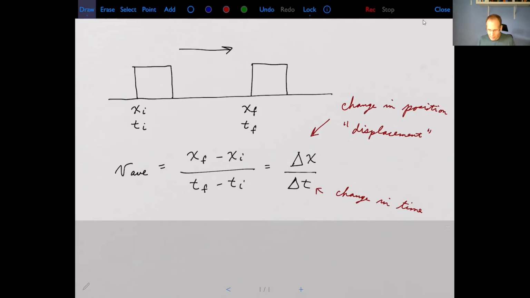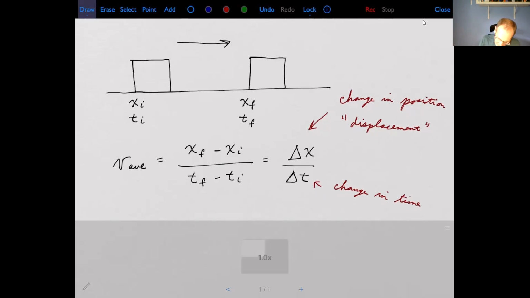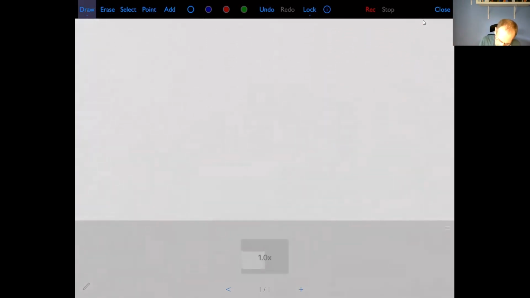All right, now a lot of what we're going to do in this lab is interpret graphs. So let me show you what this looks like if we were to graph this information. Let's assume that we have our standard coordinate system.